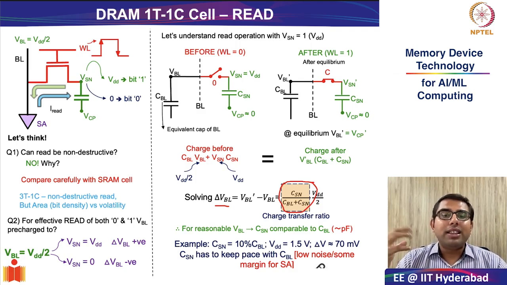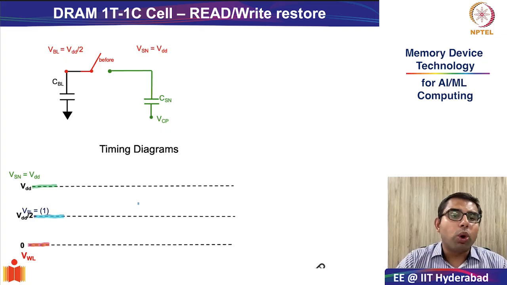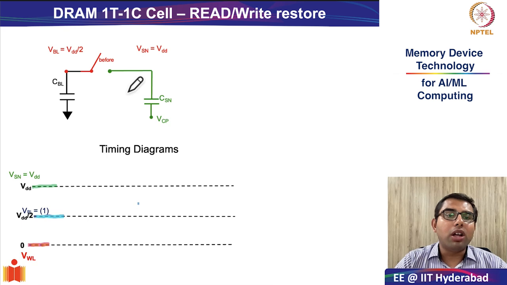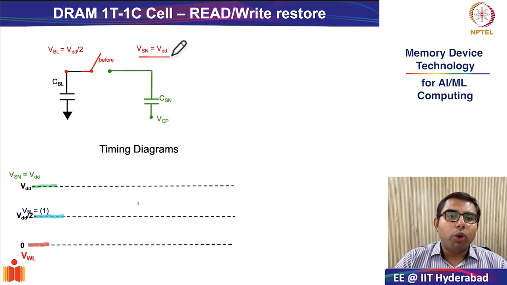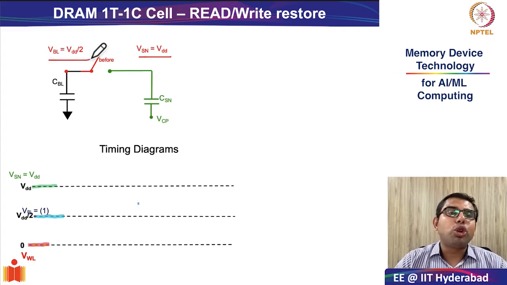With this, in today's class we will start looking at the read and write operations, which we have been doing throughout this course, using timing diagrams. This is the very simplified circuit model that we studied in the previous class. We are assuming that the voltage on the storage node is VDD, so you have a logic 1 stored, and we also explained in the last class why the bit line value has to be VDD by 2.